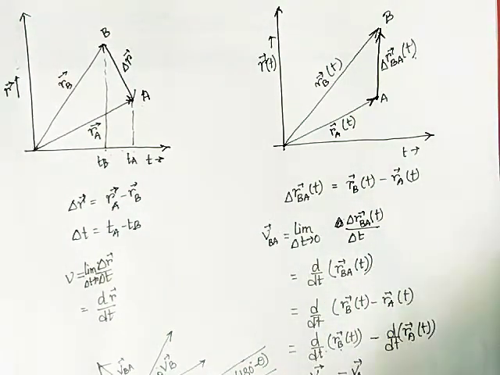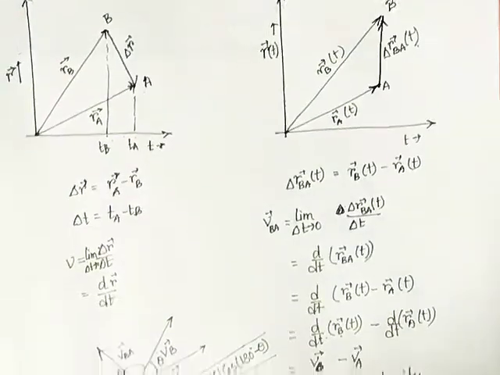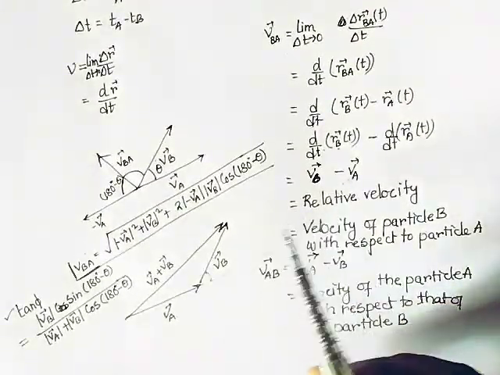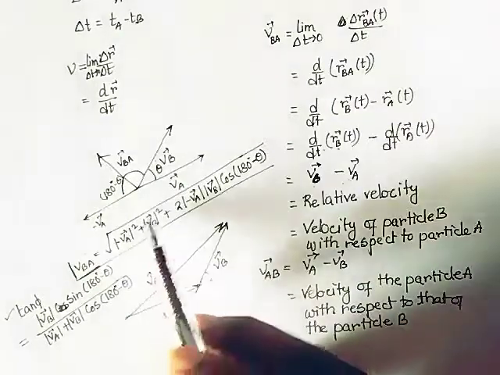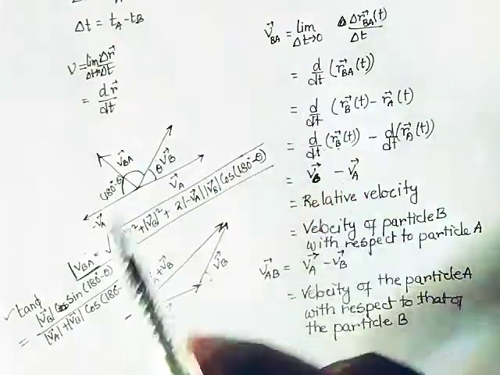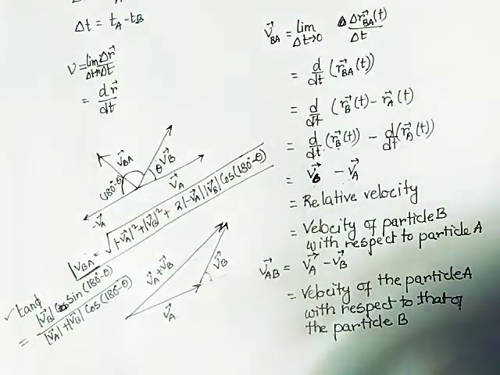So, relative velocity: one thing we have to summarize is that when I am calculating the relative velocity between VB and VA, it will be something like this.